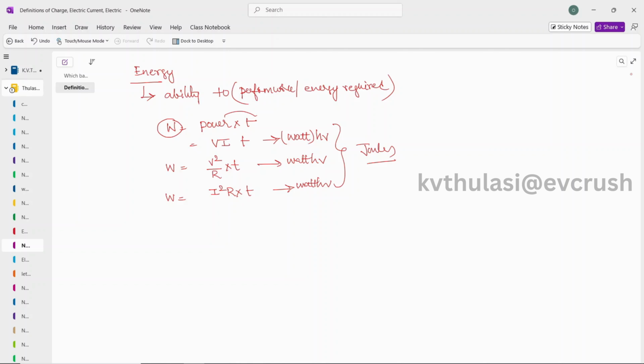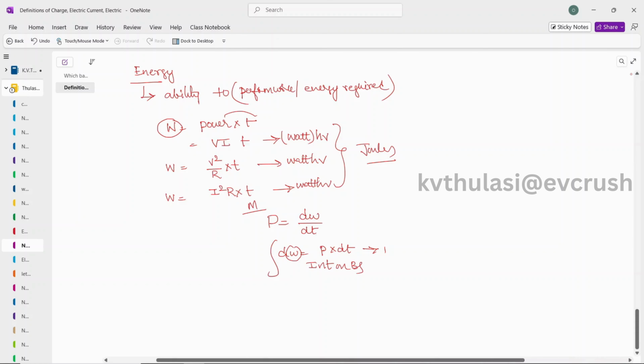Already we know that power is equal to the differential change of energy divided by the time taken. Mathematically we can write power is equal to dW by dt. So dW is equal to P into dt. I want the value of W, therefore integrate on both sides. When you perform the integration on both sides, differentiation and integration cancel, then W is equal to the integral of power into dt.